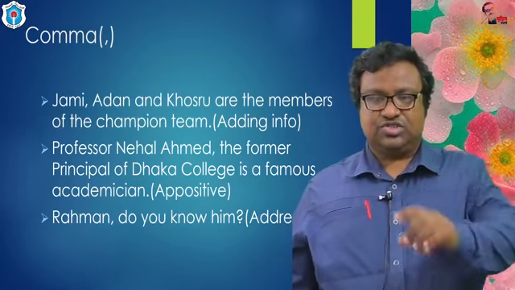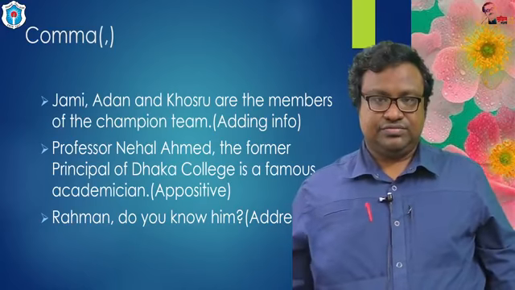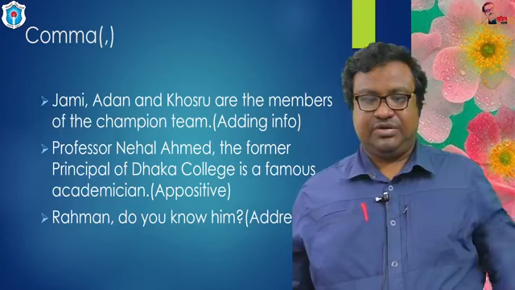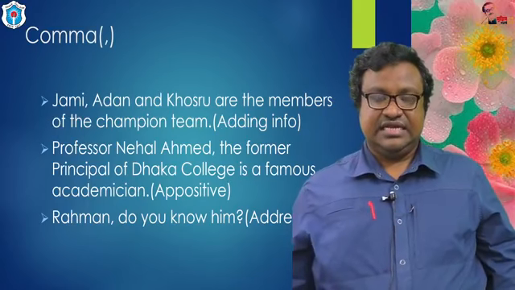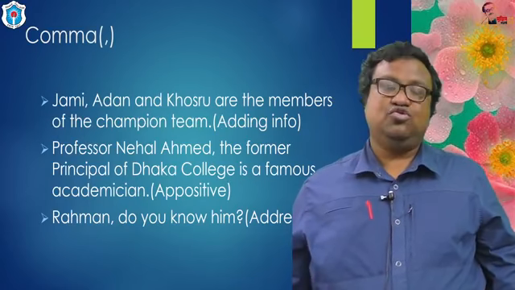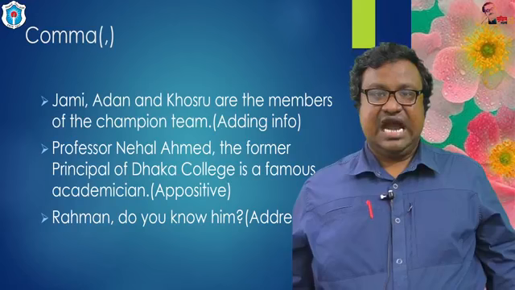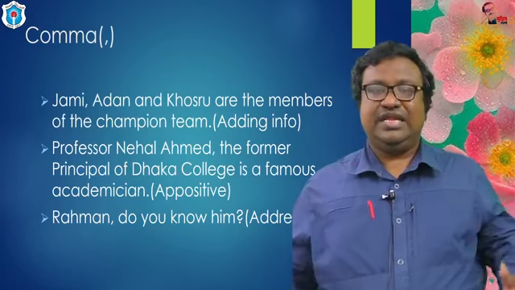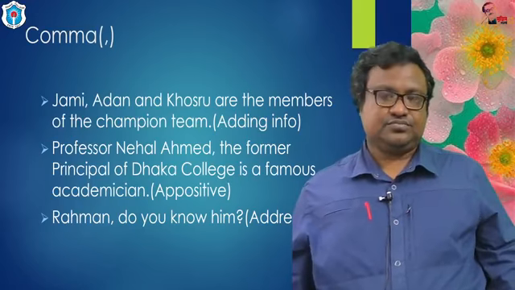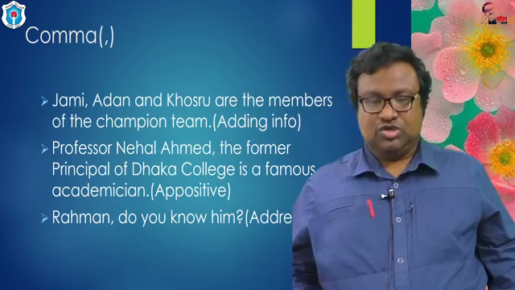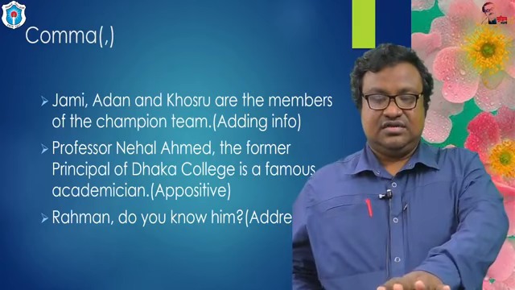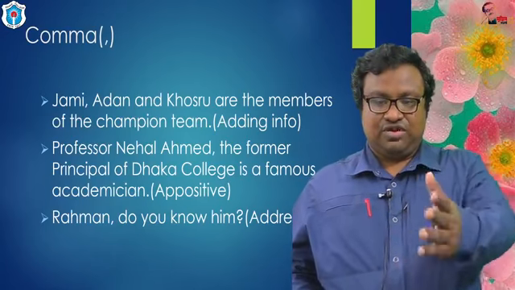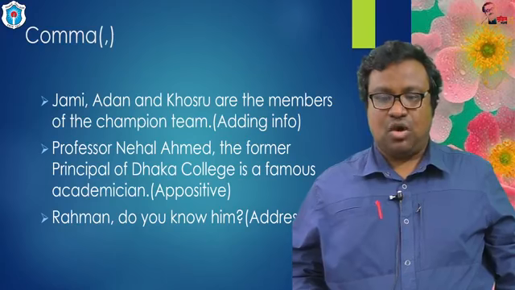Then you will use a comma after the noun. If you are addressing somebody and ordering something, like Shajib, do it quickly, then after the word Shajib you will use a comma. So that is all for this punctuation mark, comma.